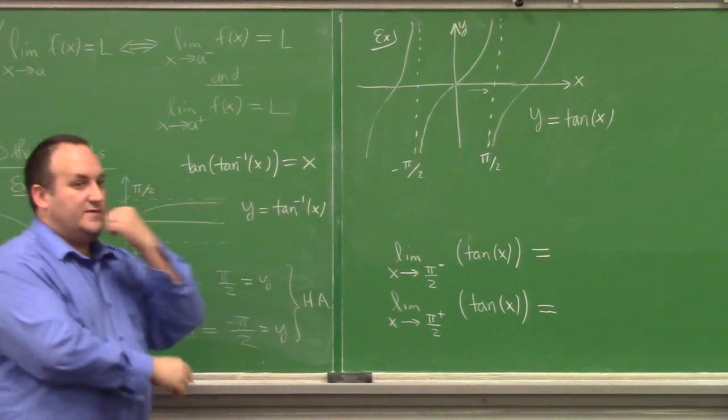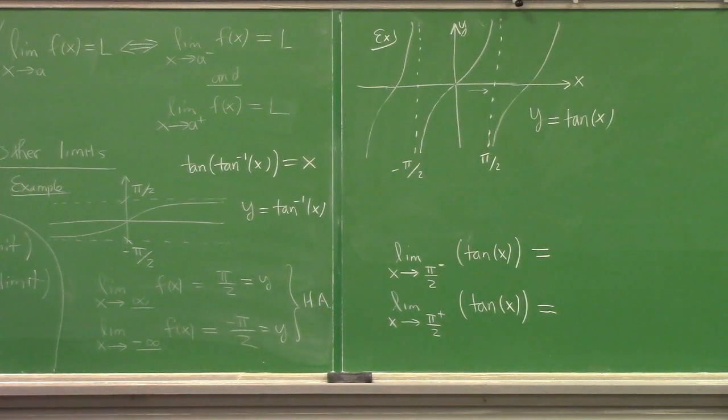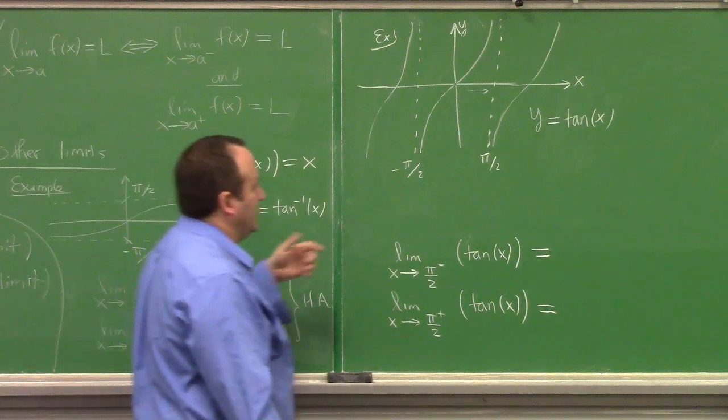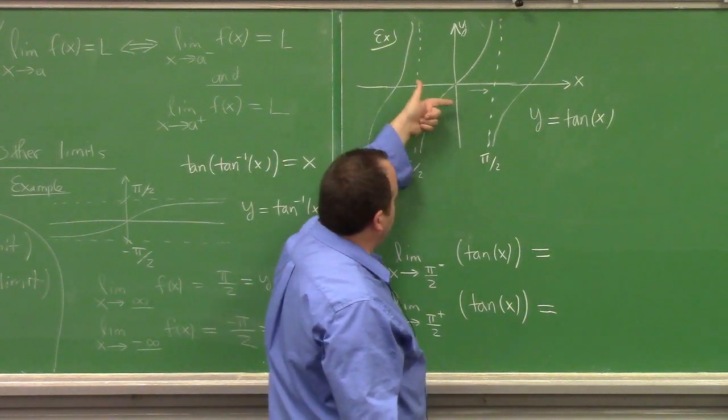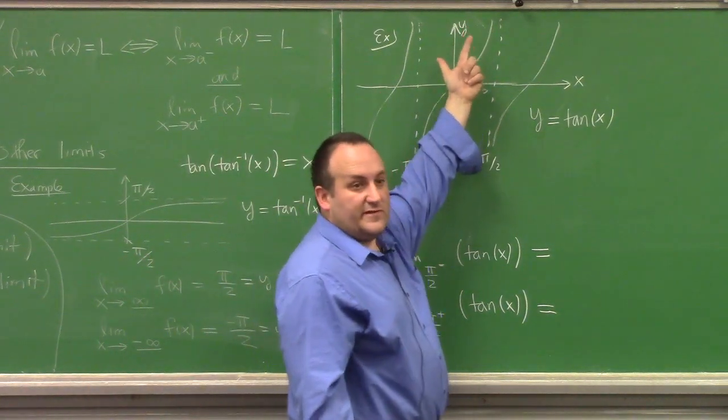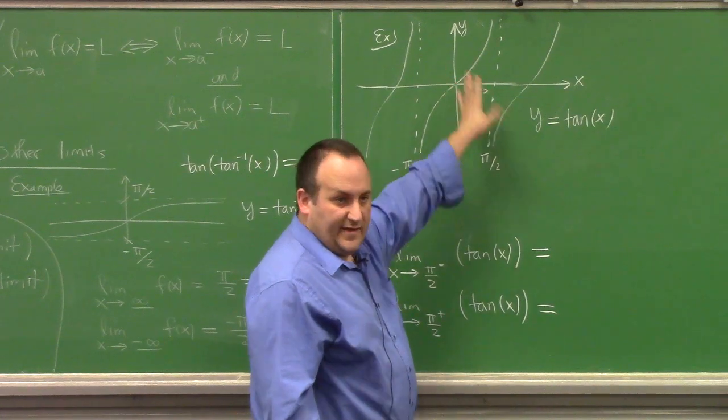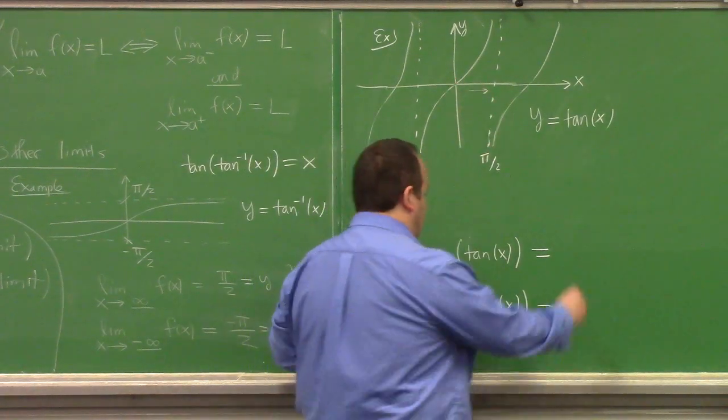So how about these? These are left and right limits, right? It's the same kind of thing I was just talking about. But do these limits exist? I don't think so, right? So for this one, as we're approaching from this way, it's getting larger and larger without bound, right? So when this happens, we say it's infinity, right?